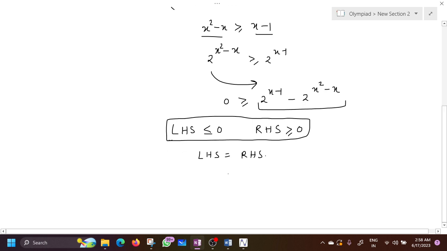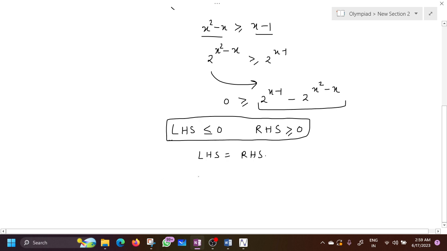You can easily see these two sides will agree on only one number, and that is 0. Because the left hand side can be 0 or any number less than 0, and the right hand side can be 0 or any number greater than 0. So all the other quantities are on opposite sides of 0. Only 0 is the quantity where the left hand side and right hand side coincide.